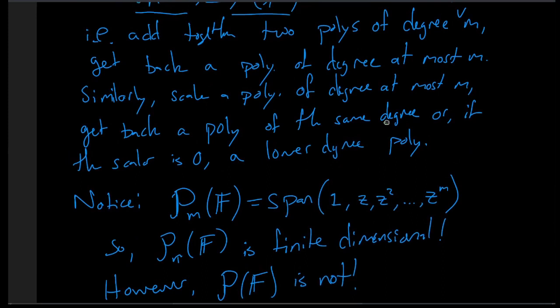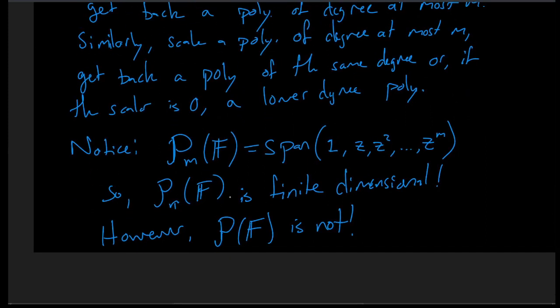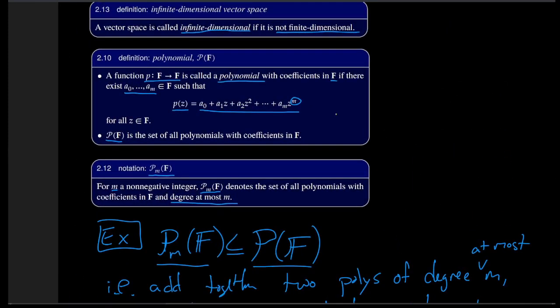So basically, just imagine the reals or the complex numbers. The fact that the polynomials over a field like that are not finite dimensional makes some sense. After all, if it were the case that they were finite dimensional, then there would be a finitely long list of polynomials such that every polynomial could be represented as a linear combination of them.